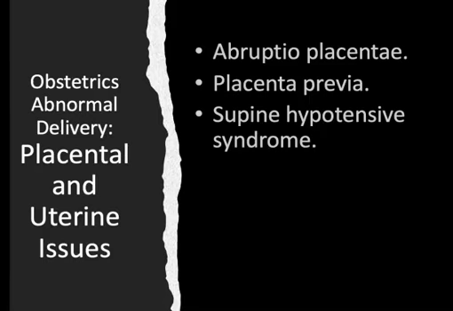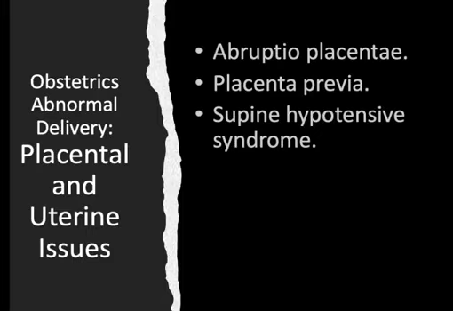Okay, so if a female is in a motor vehicle accident and she's pretty far along, say 34, 35, 36 weeks pregnant, when you remove her from the vehicle, we want to make sure that we are immobilizing her and tilting her on the backboard. This is because of the supine hypotensive syndrome.